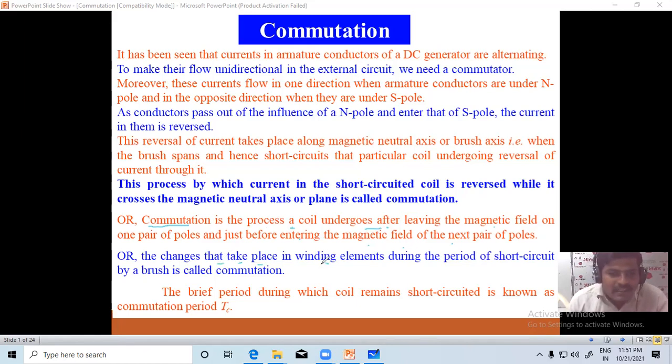or the changes that take place in the winding element during the period of short circuit by a brush is called commutation. So the changes that take place in the winding element or coil regarding current during that short circuited period, when the coil is short circuited by the brush, is called commutation.